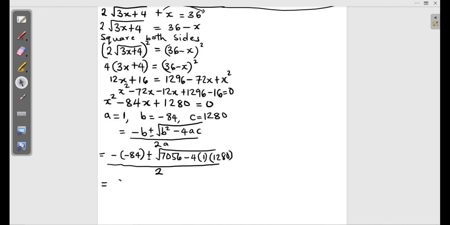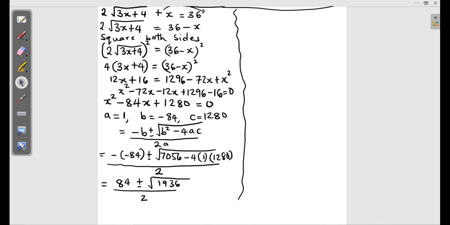So that gives you 84 plus or minus, now 4 times 1280 would give 5120. Subtract that from 7056 and you have 1936 over 2. Don't forget it is plus or minus. So you have 84 plus root 1936 over 2, or 84 minus root 1936 over 2.